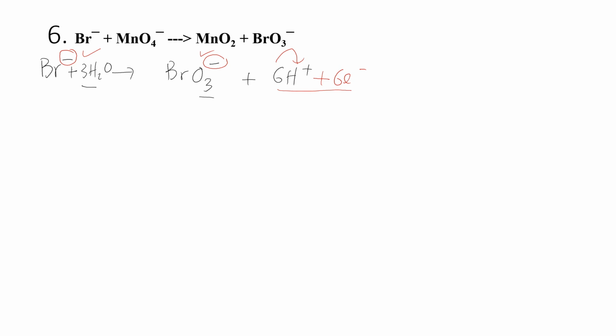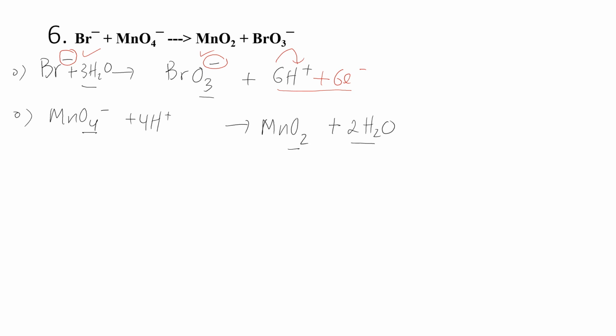Then the second part, MnO4 minus to be MnO2. For oxygen to oxygen, so you need to add 2 H2O, 4 H plus here.